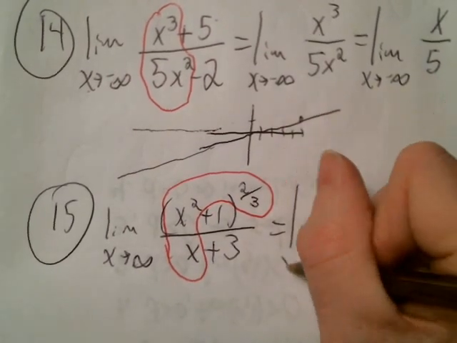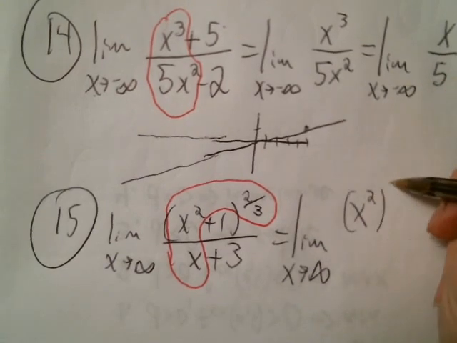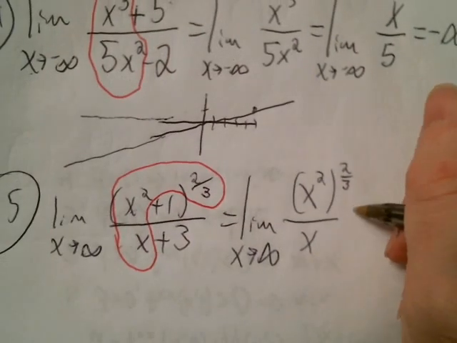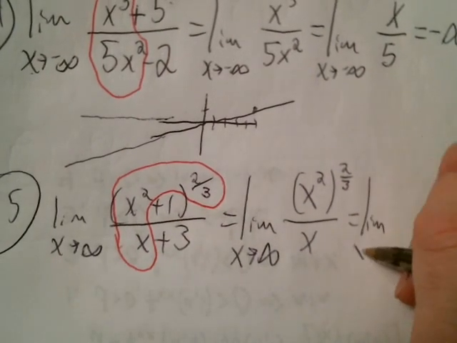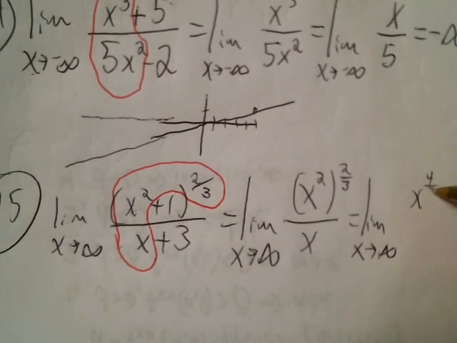And this will behave the same way as x squared to the 2/3 all over x. And then just simplify that. So using my exponent rules, x to the 4/3 over x.